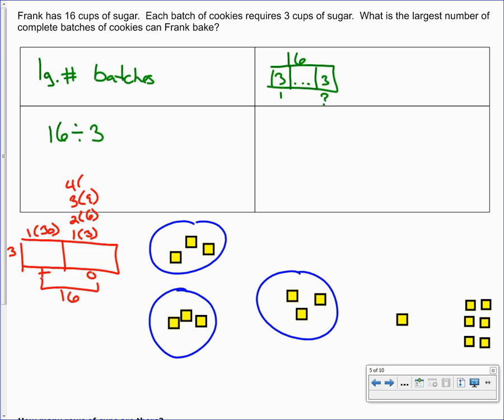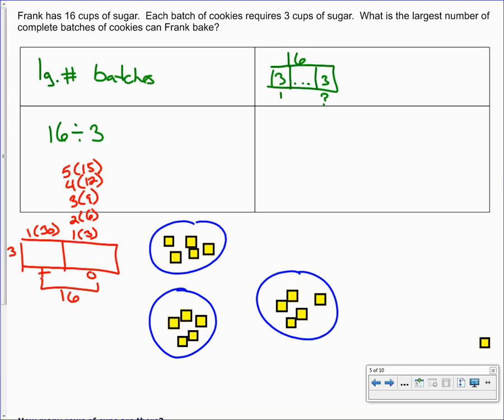If I give each group 4, that'd be 12. I still have more over there. If I give each group 5, then that would be 15. I have 1 left over.